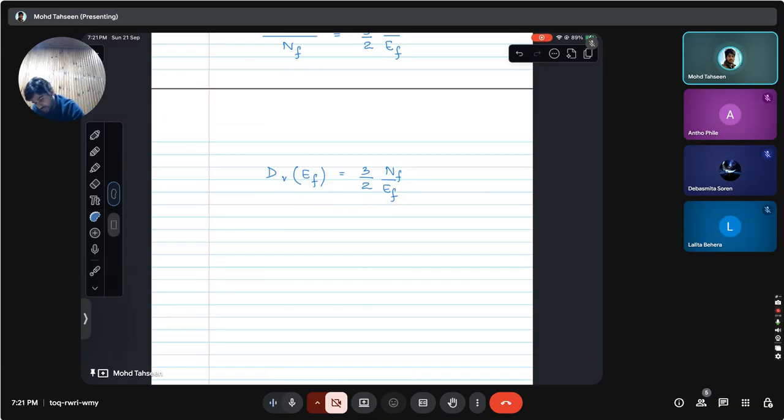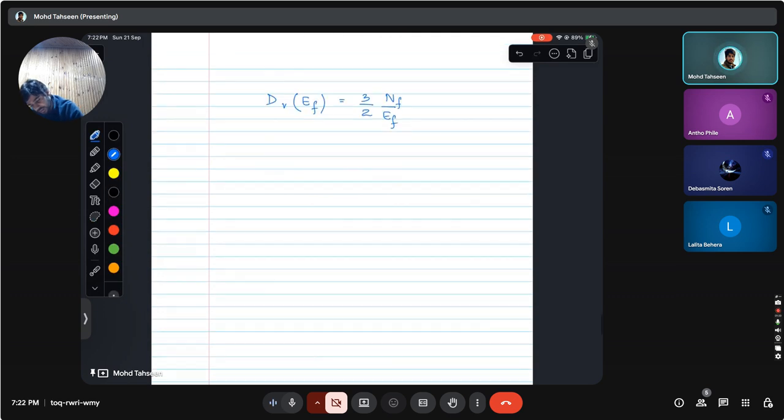Okay, now let's consider an energy change. Roughly what we need to remember here is that EF for a particular material system is constant.